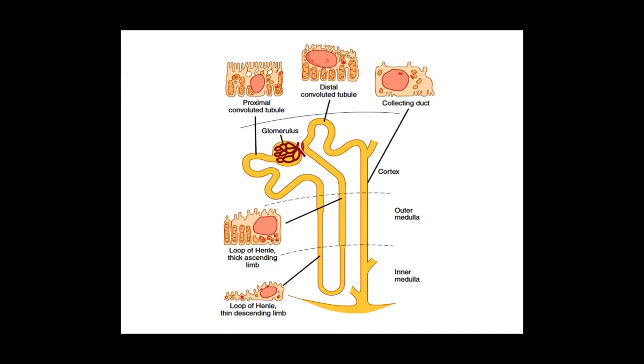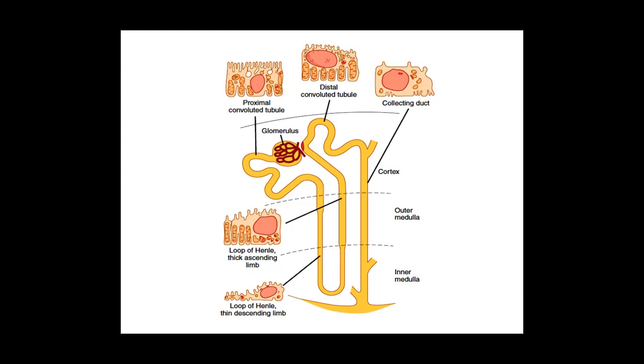So this is a kind of structure function correlation. If we see the microscopic detail of the proximal convoluted tubule, we shall see that it is the zone where a large amount of transport is taking place, probably utilizing some active transport mechanism.